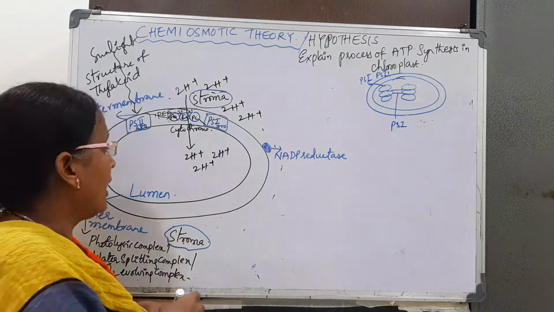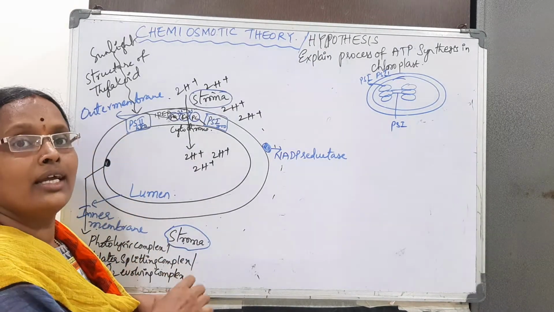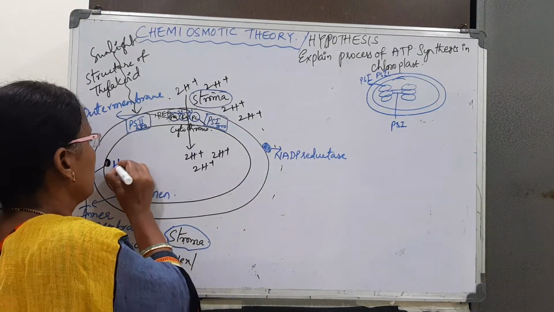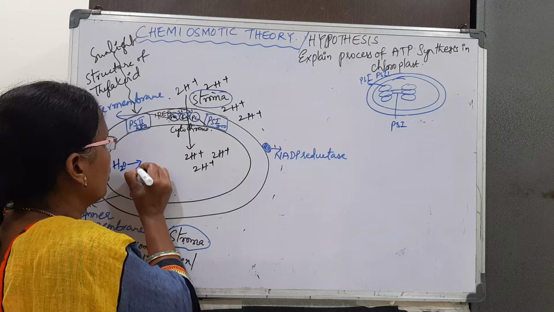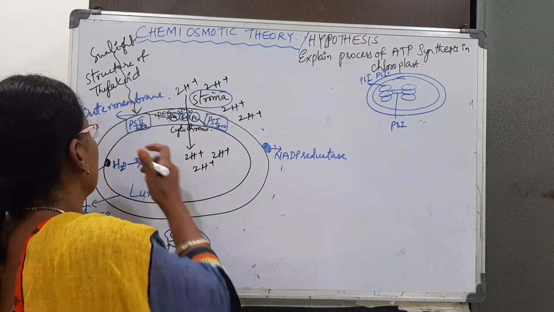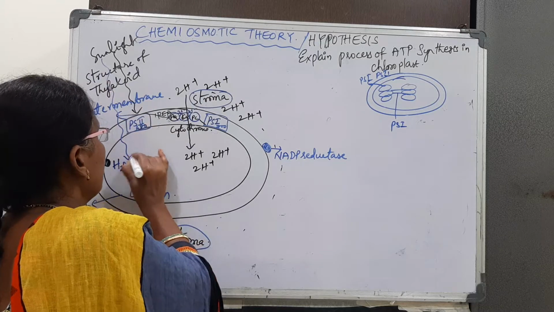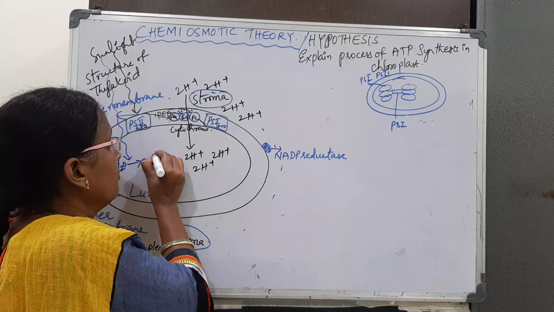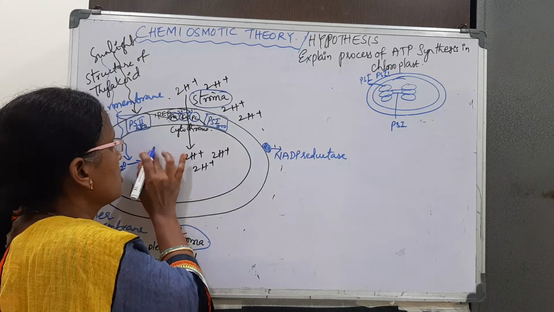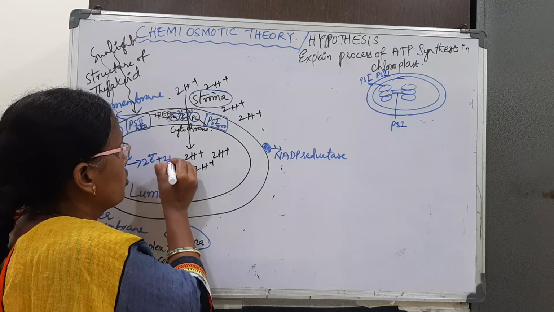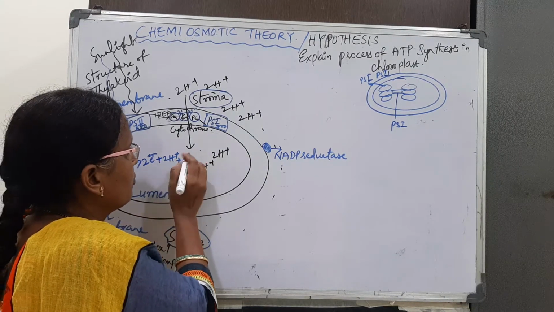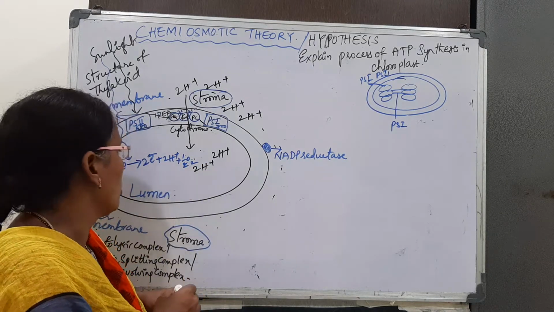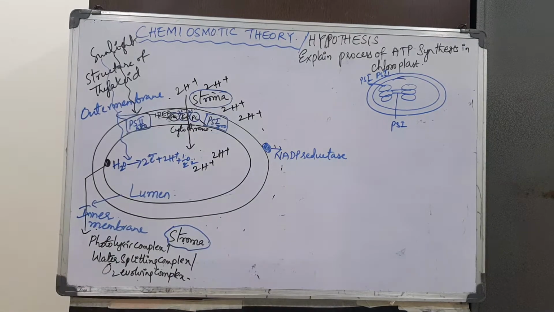This is one side. And on the inner membrane of the thylakoid, what is there? There is a complex, the water splitting complex. Here the water molecule undergoes photolysis by taking the sunlight. It breaks down into two electrons plus two protons and a molecule of O2.